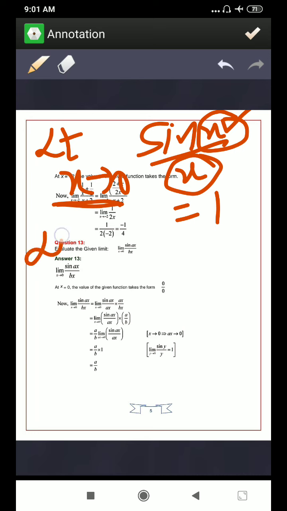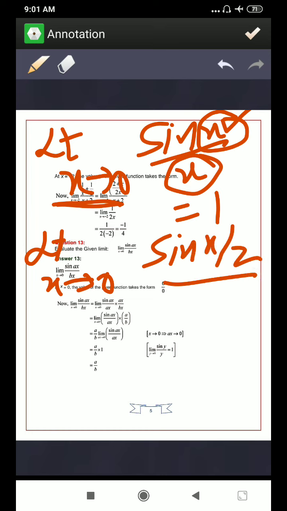Suppose it is given limit x tends to 0, and in numerator it is sine x by 2. In denominator also you must have x by 2, then only it will be equal to 1. Your theta and this number should be the same. Whatever is given with sine in place of theta, the same thing should be there in its denominator.